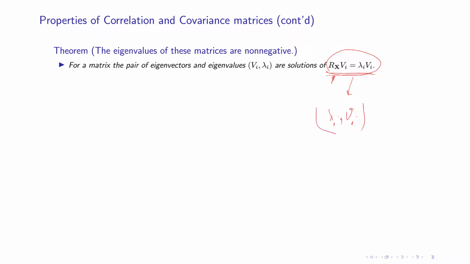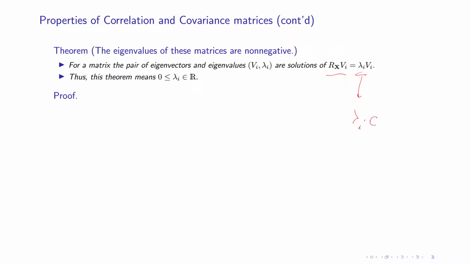This is the eigenvalue, this is the eigenvector, and they are associated together. We want to prove that for any covariance matrix, these lambda i's are real numbers, and not only real but also non-negative. It could be Rxx or Cxx and so on.